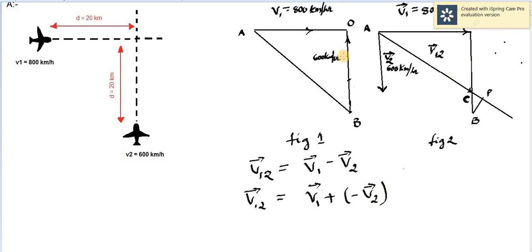This is the original diagram. Then in this diagram, this is the velocity diagram. In this, we have reversed the direction of the second plane. Therefore, V12 is equal to V1 plus minus of V2.